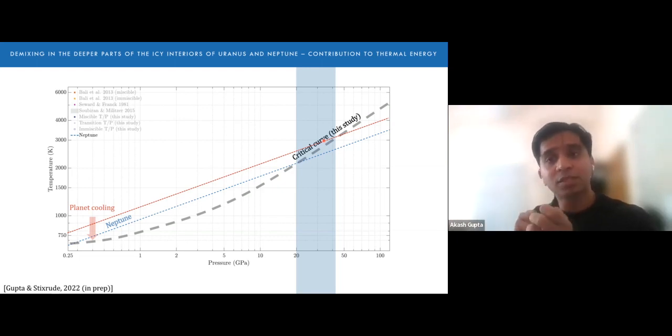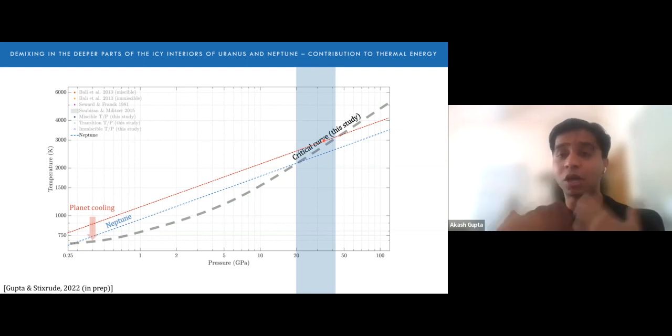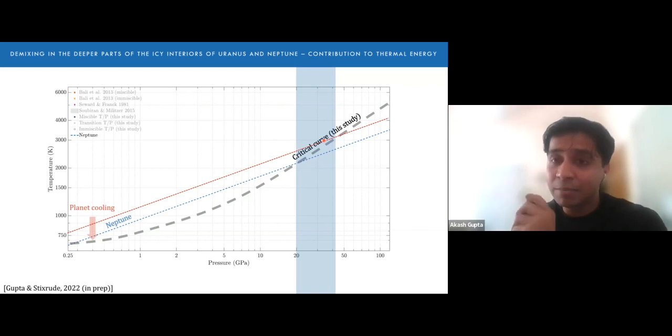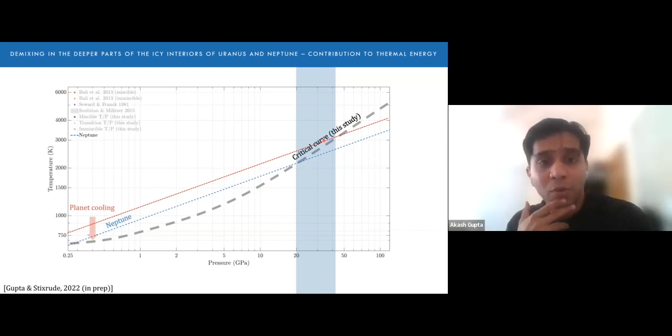This process will contribute an additional energy source towards the thermal evolution of the planet. So this demixing happening inside the planet can impact the thermal evolution of the planet on long time scales.